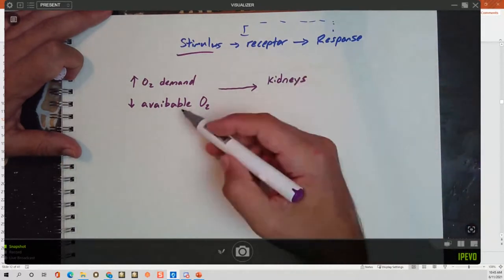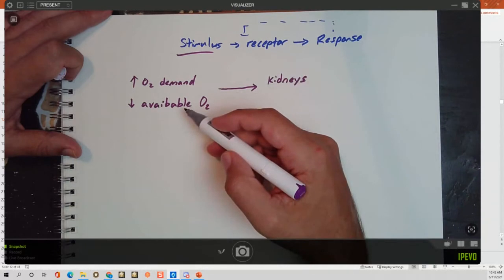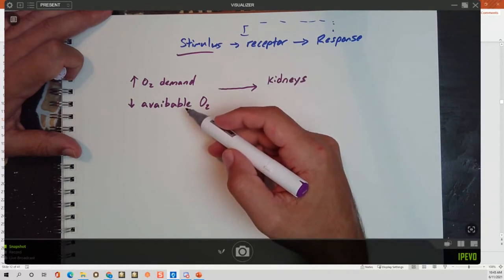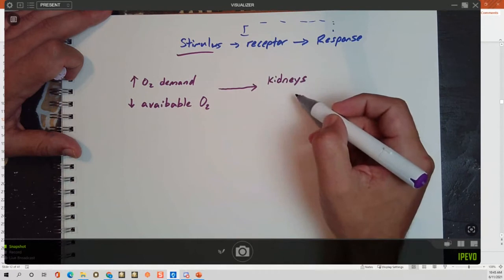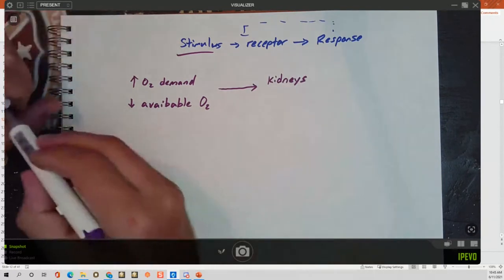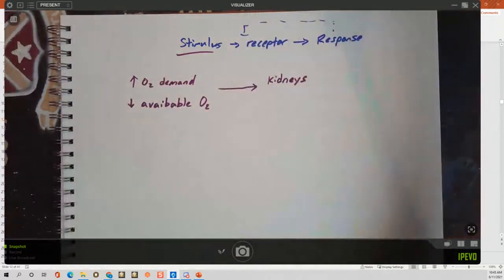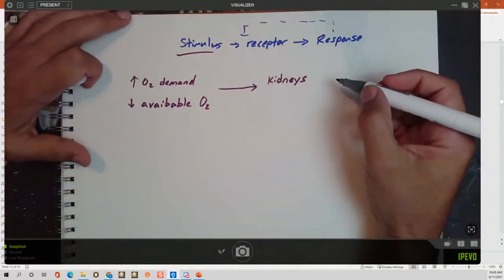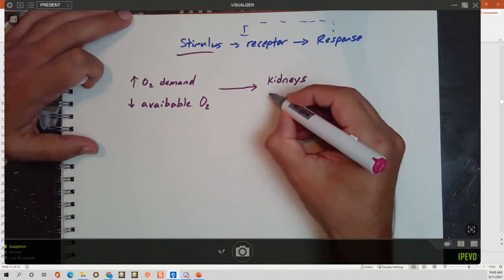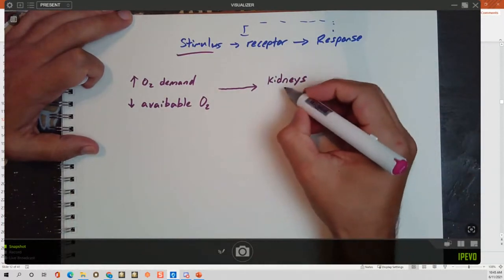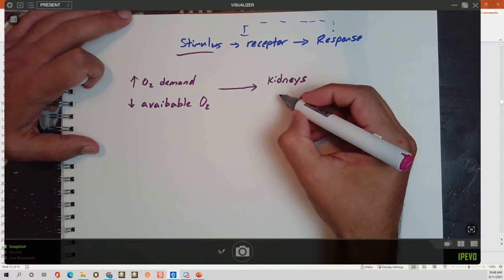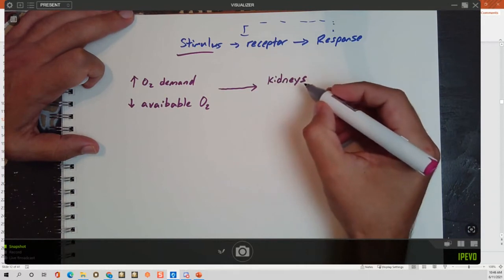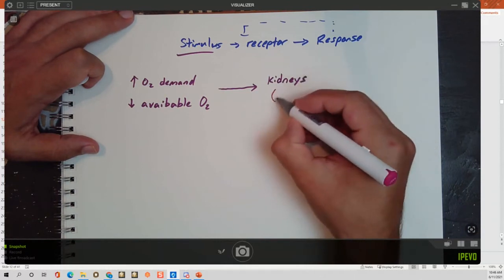So the kidneys detect this change, and the kidneys say, let's fix this problem. How do the kidneys do that? The kidneys synthesize, they produce a hormone called erythropoietin. We abbreviate erythropoietin as EPO.